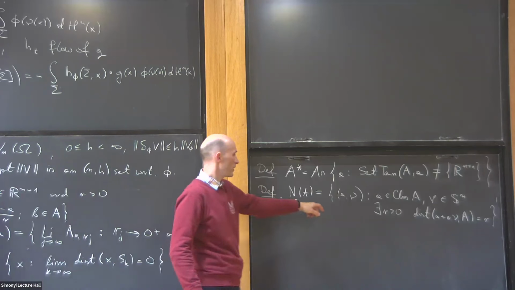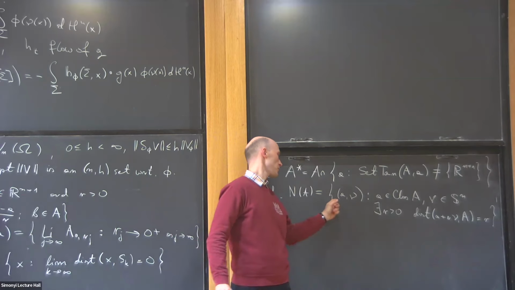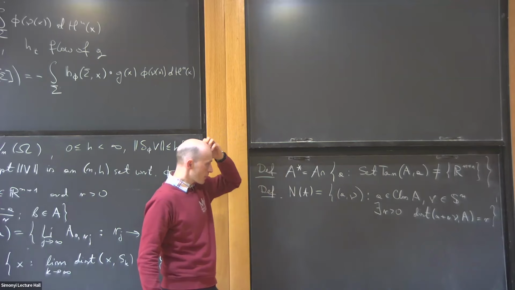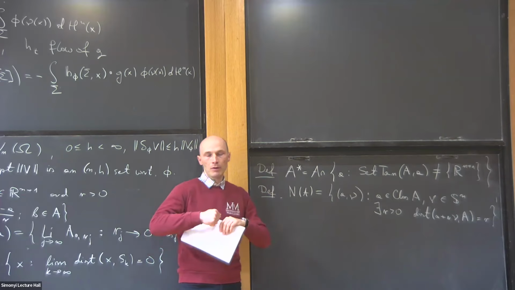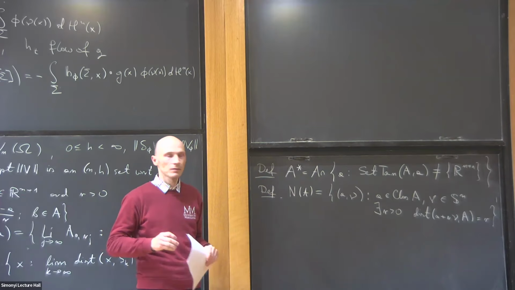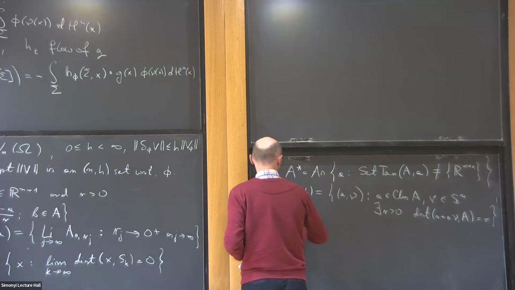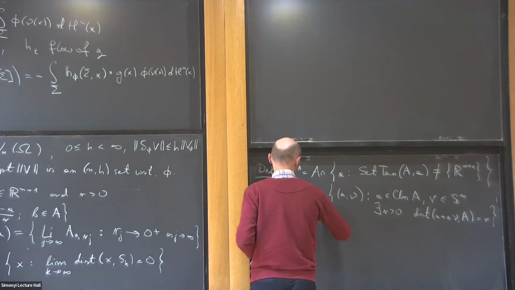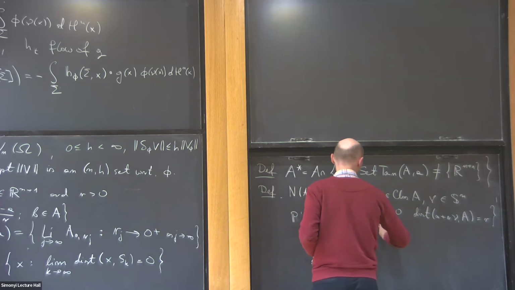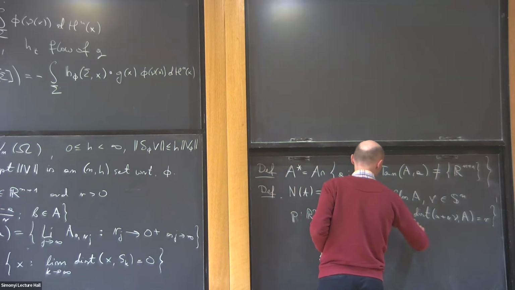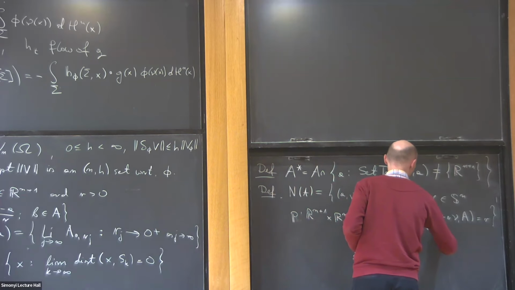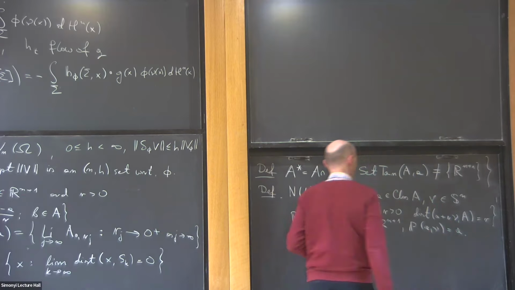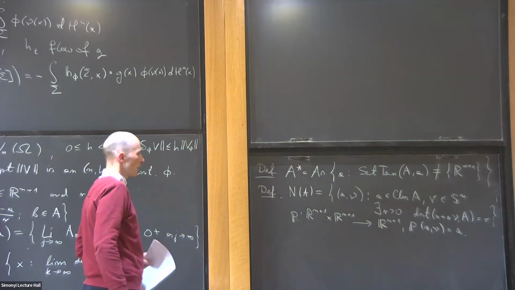It consists of pairs, a point in A or the closure of A and a vector, such that you can touch this set by a ball from this direction. Okay. And I will use also this projection map, the projection onto the first coordinate.